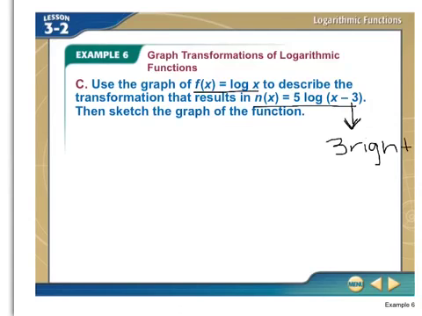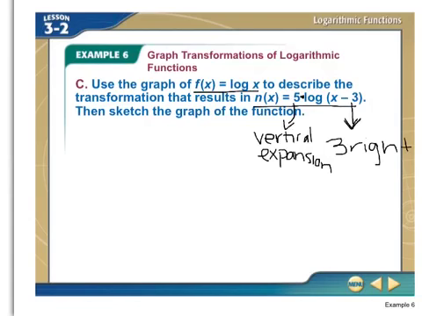This multiplying by 5 out in front is a vertical expansion. Anything that happens outside of the grouping symbols, parentheses, etc., is a vertical transformation. Since we're multiplying by 5, and 5 is greater than 1, we would say it's an expansion.